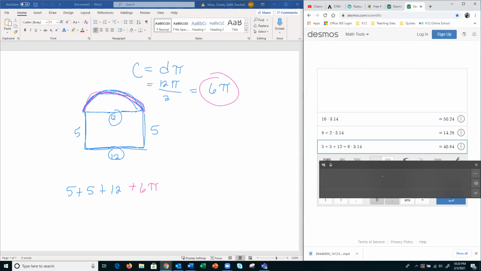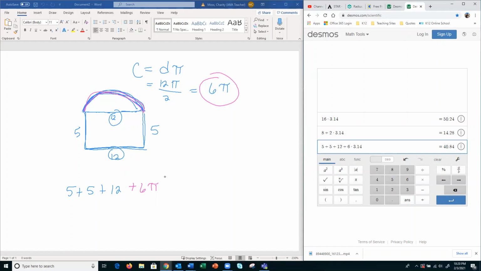So about 40.8. Okay, so it'd be about 40.8. A lot of students make the mistake of adding in that extra 12, but if they just want the perimeter, they really just want that distance around, which is the 3 pieces here and then up. And it is actually dashed. Dashed lines never count as your perimeter.